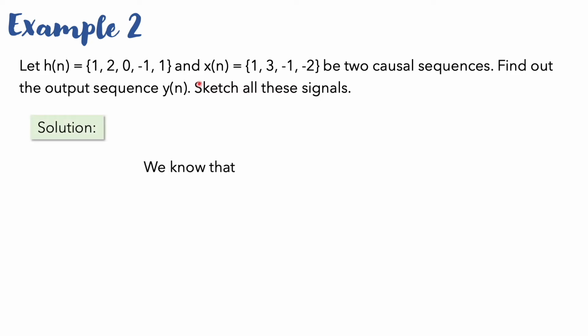Now we know that the convolution sum is represented like this: y[n] equals the sum starting from k equal to 0 until n, the total number of samples in the sequence, where h[k] is the impulse response and x[n minus k] is the shifted input sequence.